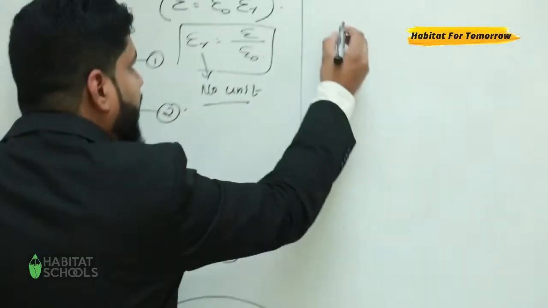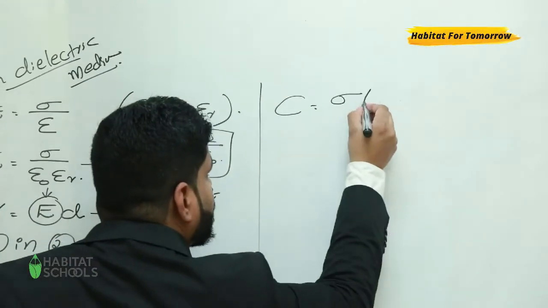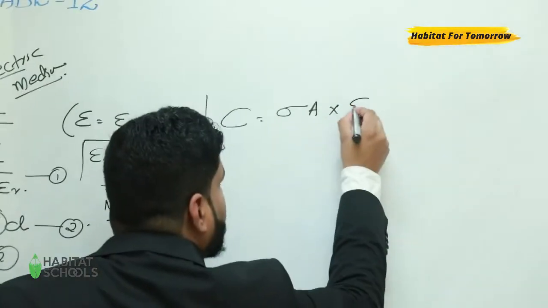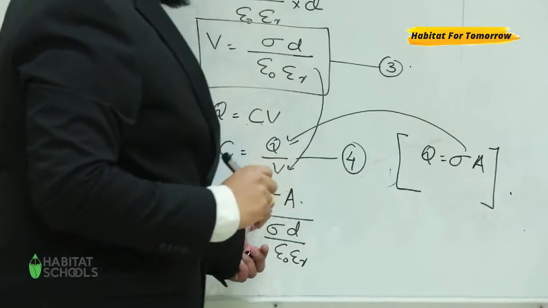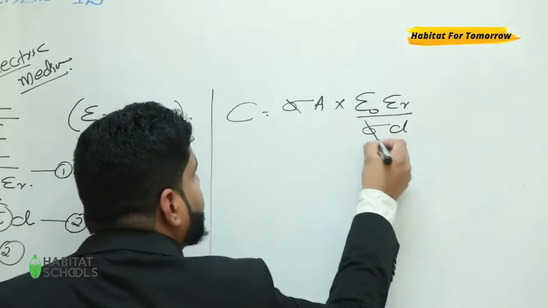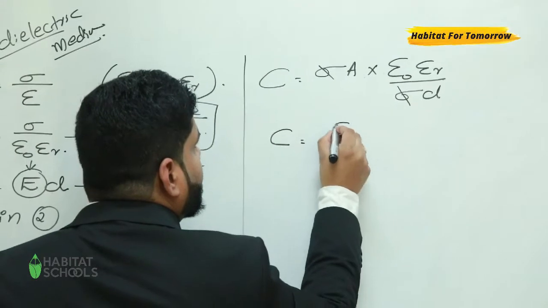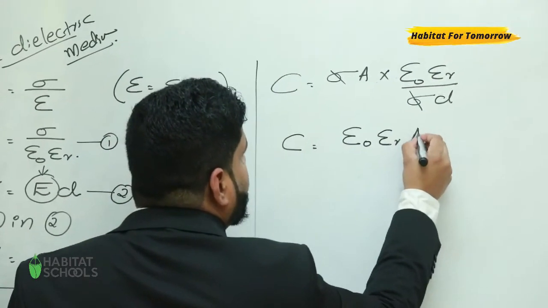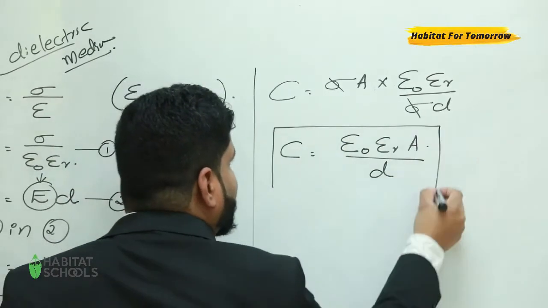So finally you will get C is equal to sigma A into reciprocal multiplication, so epsilon 0 epsilon r divided by sigma D. Here this sigma cancels, so the final expression you will get is C is equal to epsilon 0 epsilon r A divided by D. So it is a mathematical expression.